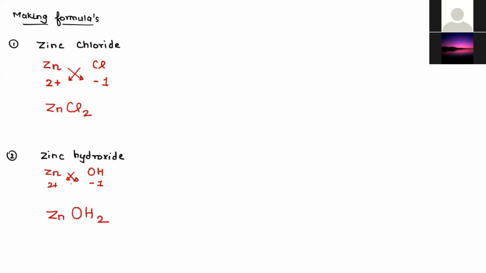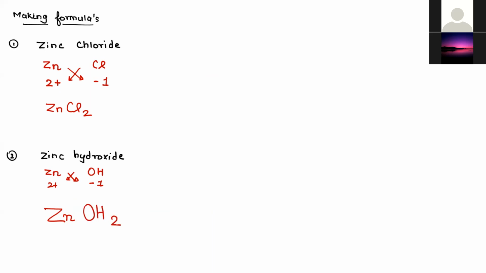Now Zn OH2. But remember, O and H are two different elements. You cannot write OH2, because this means that it is only hydrogen 2. So for such polyatomic ions, you have to put a bracket. One capital letter, one small letter is actually only one element.